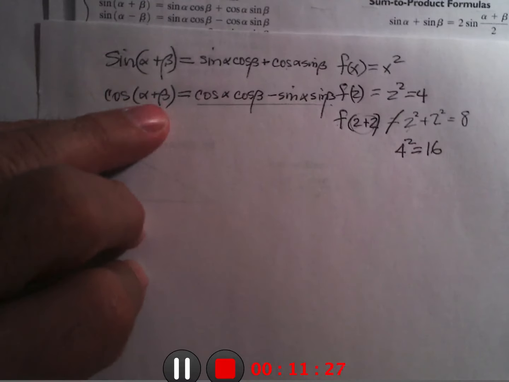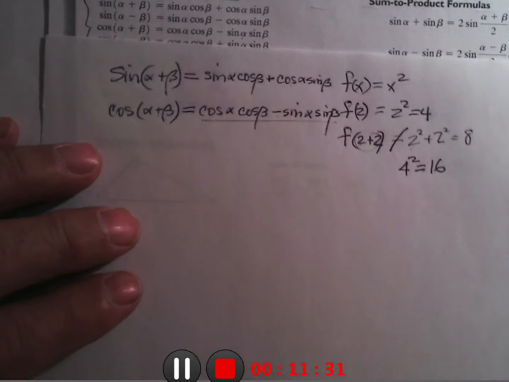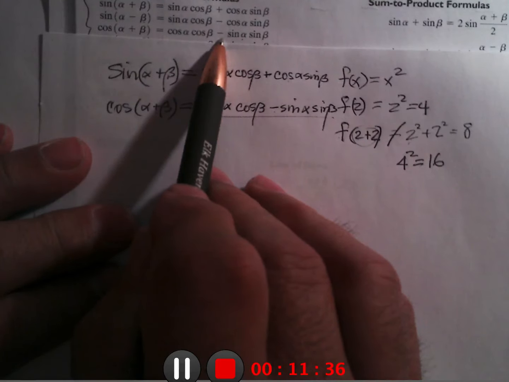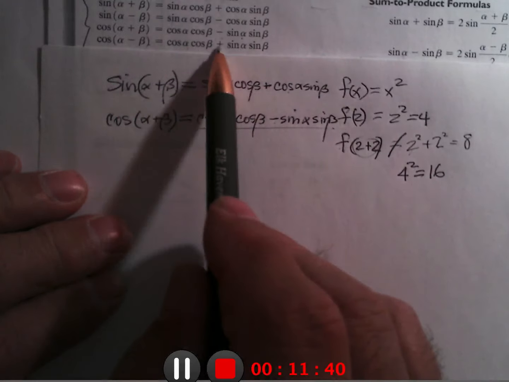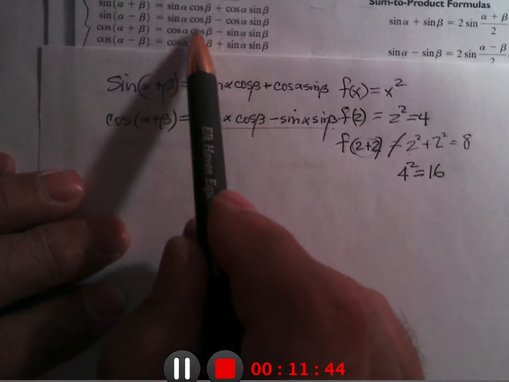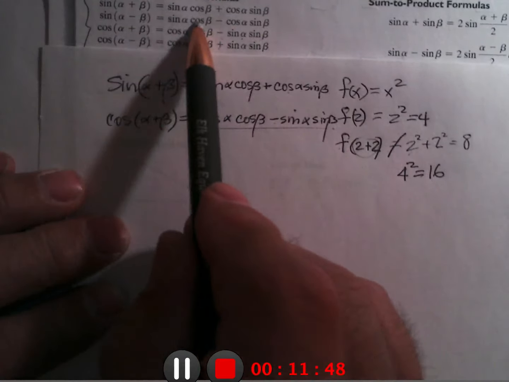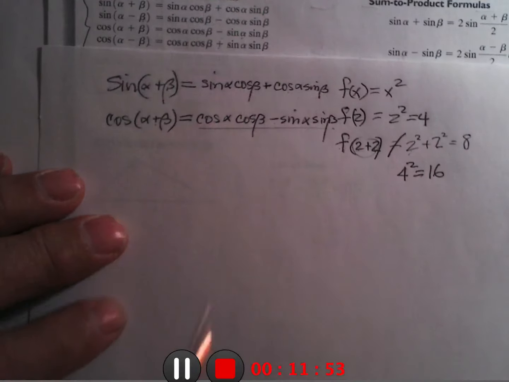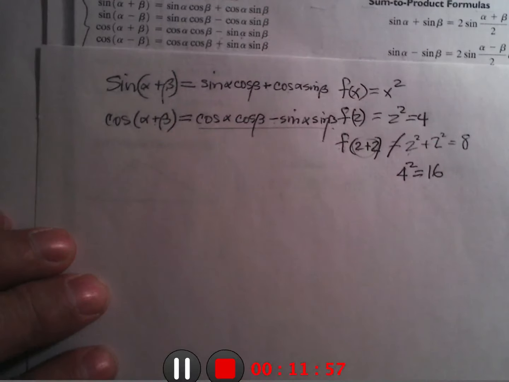And if this was minus, this is plus. So the cosine of them added has a minus, and the cosine of them subtracted, you get a plus in here. And it's cosine, cosine, sine, sine. For sine, it's sine, cosine, cosine, sine, of the first and second angles. So those are the sum and difference.